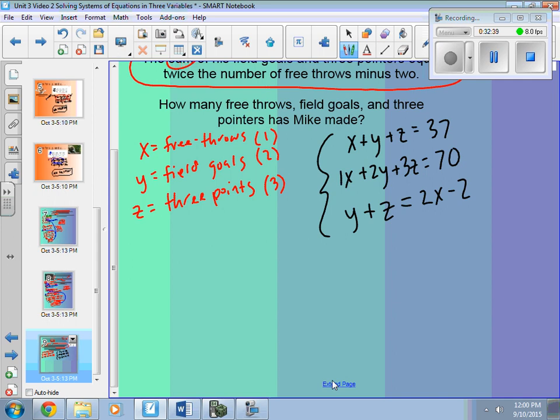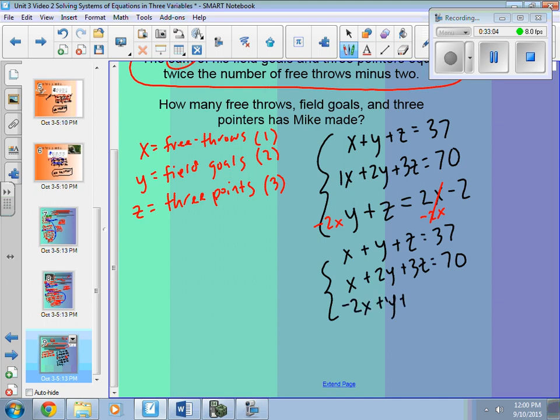The first 2 equations are fine. Let's change this third one a little bit so it fits our needs. So let's minus 2x over to the other side. And then I think we have it. Okay, so it would end up being minus 2x plus y plus z equals negative 2.